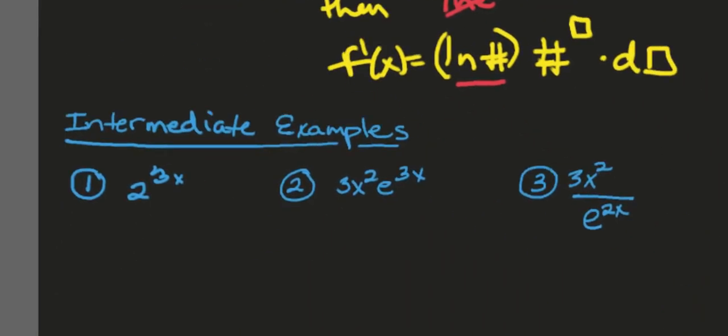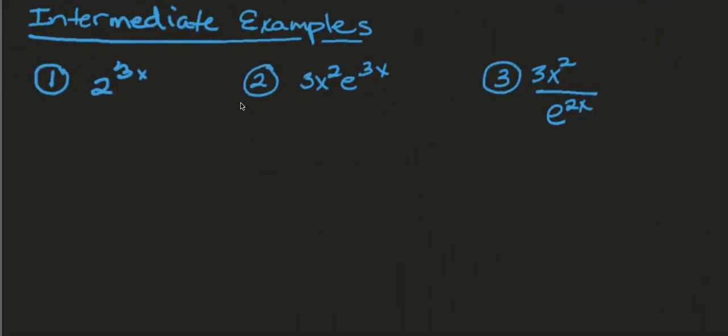So in this case, the box is 3x, and the number we're dealing with is 2. So we have ln of the number 2 times 2 to the 3x times the derivative of the exponent 3.